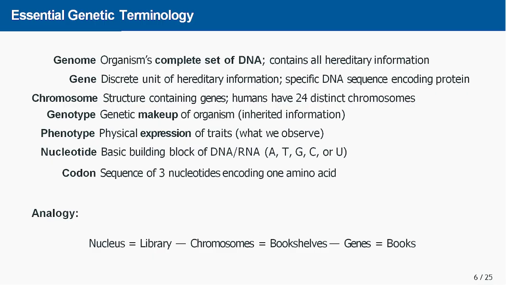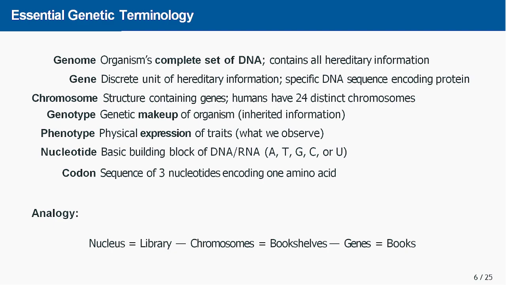Now, some terminologies we must know. Genome means the organism's complete set of DNA. The complete hereditary information in a particular organism is known as the genome. A gene is the discrete unit of that hereditary information, a specific DNA sequence encoding proteins.